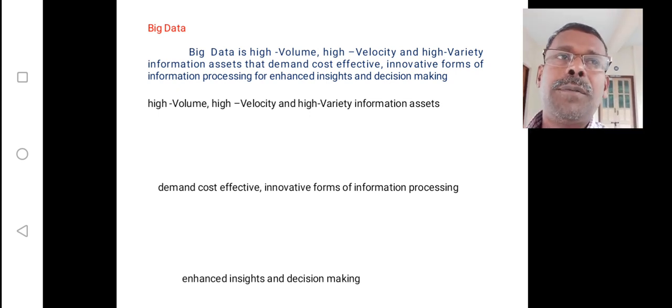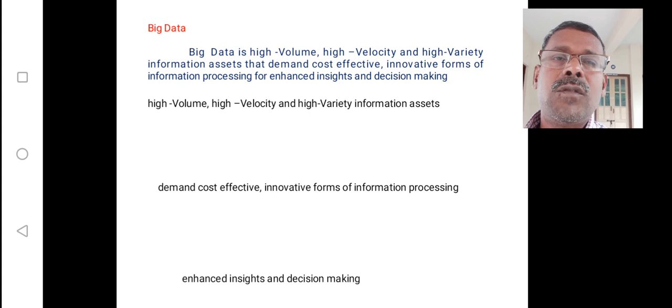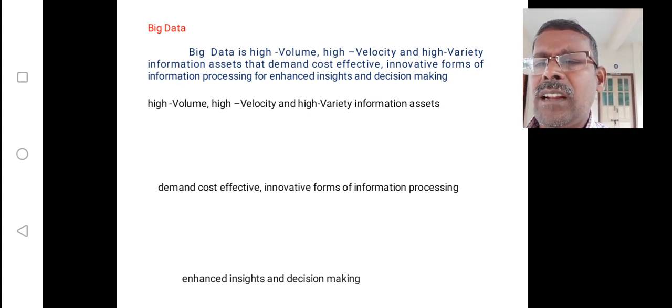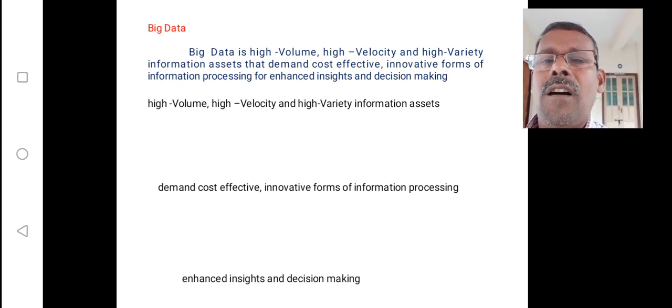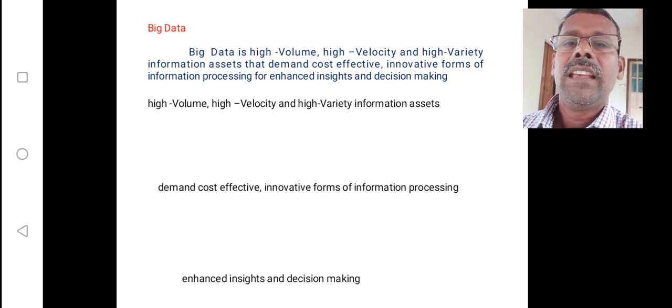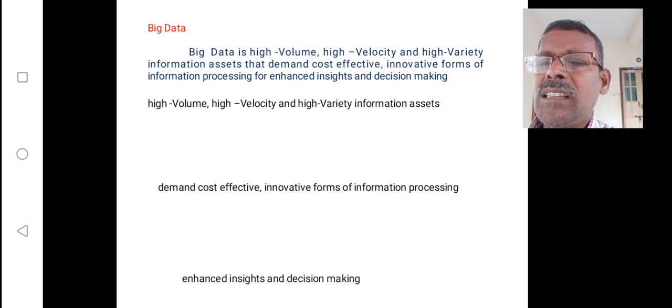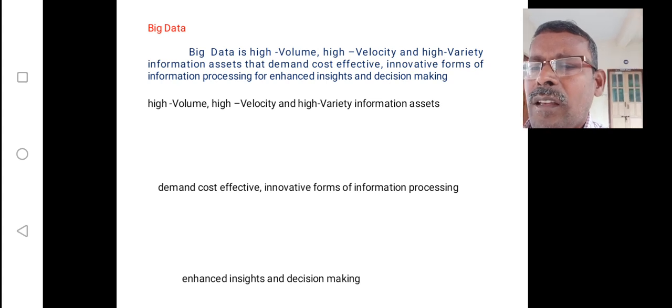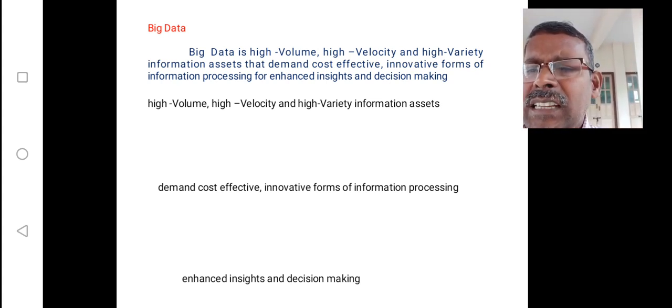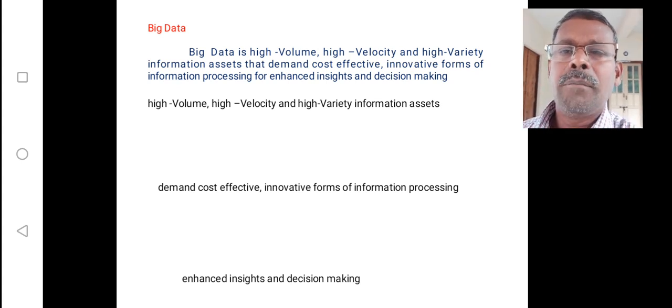For better processing, the factual information is made available in an innovative form, so then only it can be processed in a better way. And third one, it is used for enhanced insights and decision making.